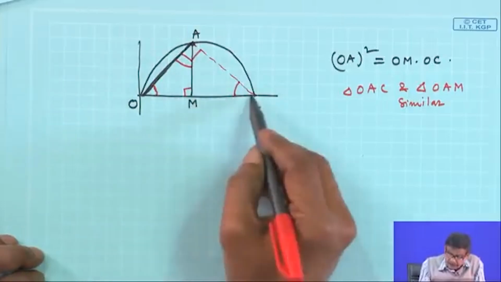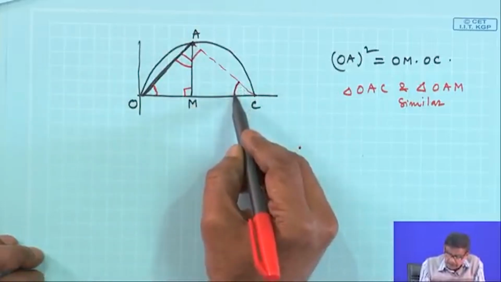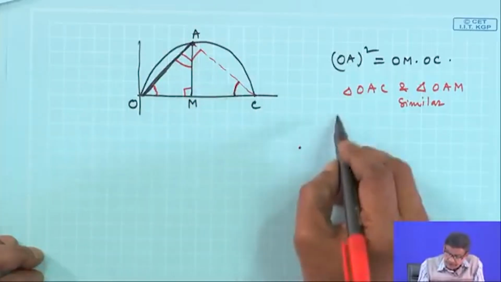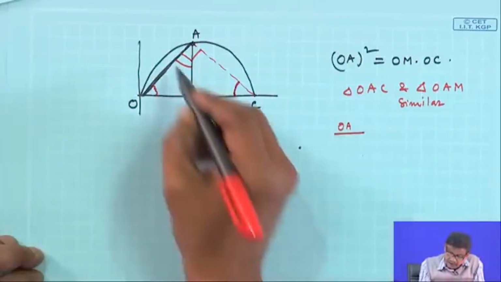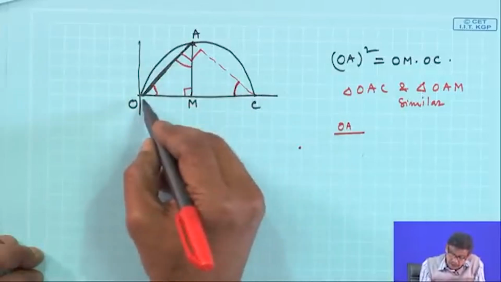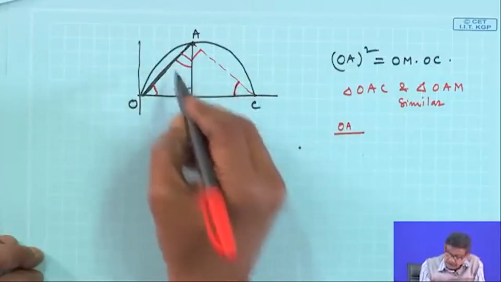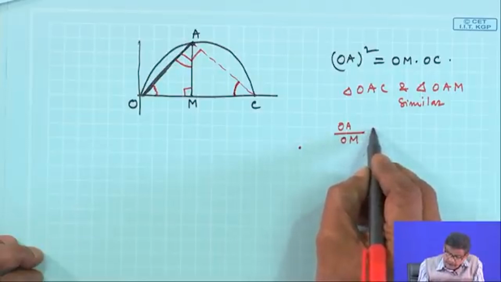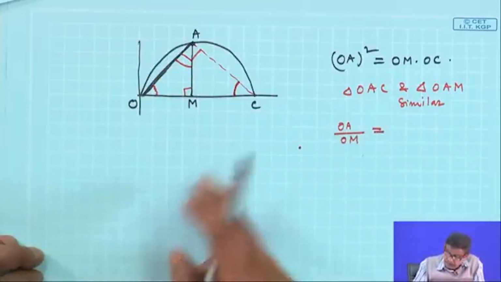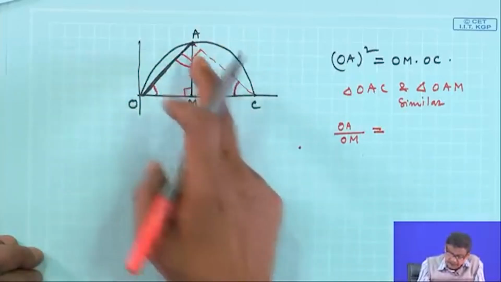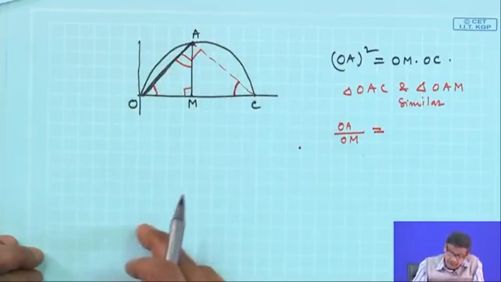Therefore, take the bigger triangle first. The opposite side of this is OA, divided by this opposite side OM, these two angles are the same, and this must be equal to, I have taken first the bigger triangle, OA by OM.